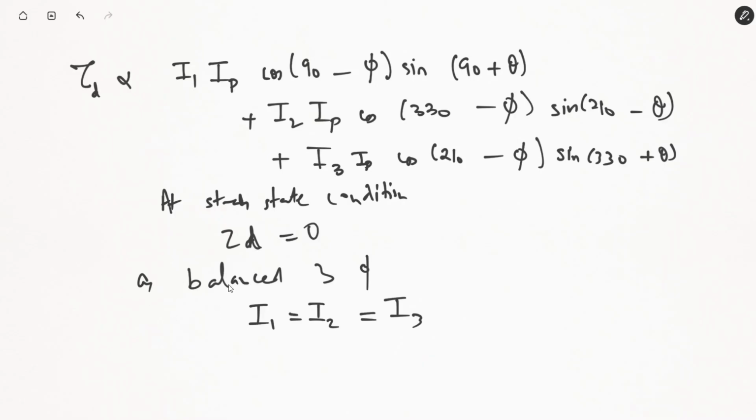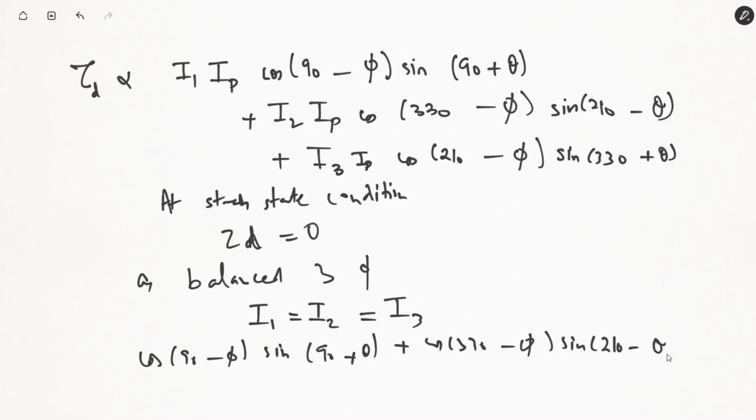That means once I1 equals I2 equals I3 and tau d is equal to 0, you can say cos of 90 minus phi sine of 90 plus theta, plus cos of 330 minus phi sine of 210 minus theta, plus cos of 210 minus phi sine of 330 plus theta, will be equal to 0.